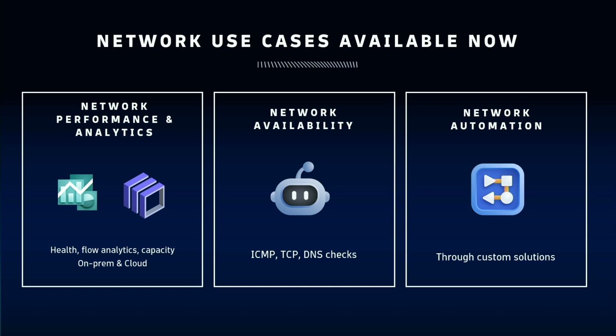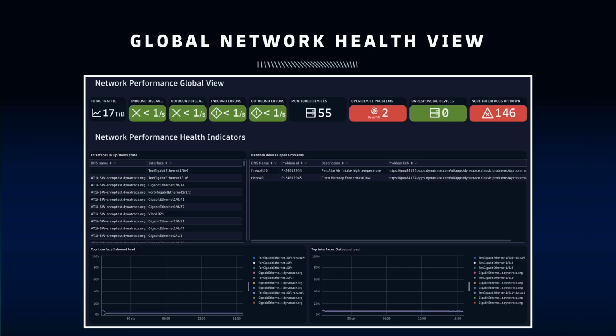With our synthetic engine, you can do the network availability checks for TCP, for ICMP, and for DNS. And using our custom solutions, for example using the workflows, you can automate reaching out to the consoles of your devices. So I prepared a couple of screenshots of the dashboards that are available for you to adopt for network.